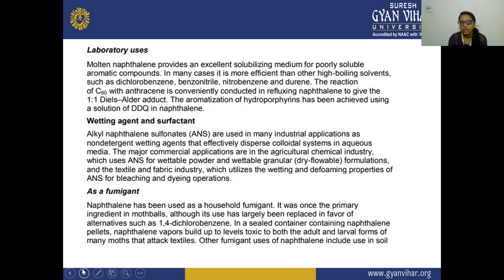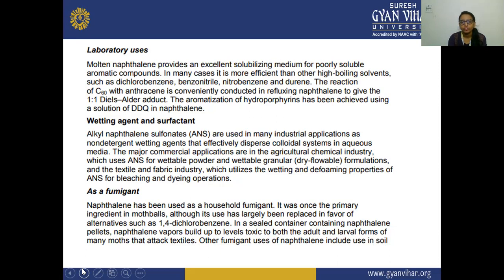So these molten naphthalenes are more efficient as a solubilizing medium for poorly soluble aromatic compounds than other high boiling solvents.